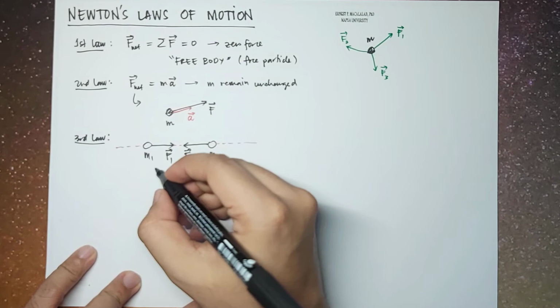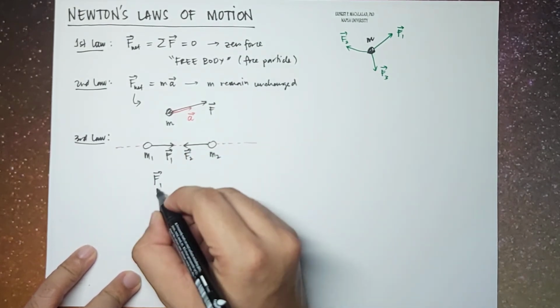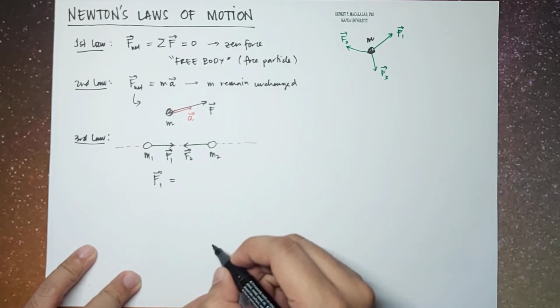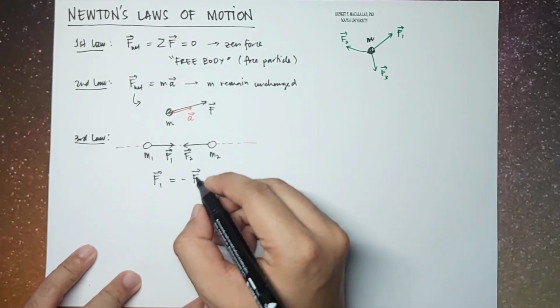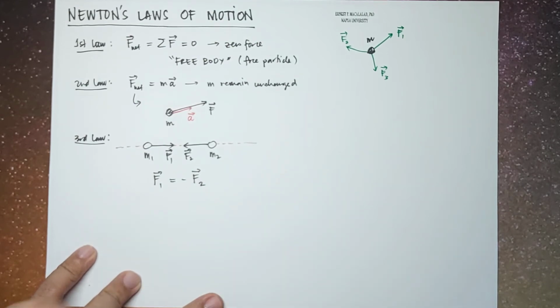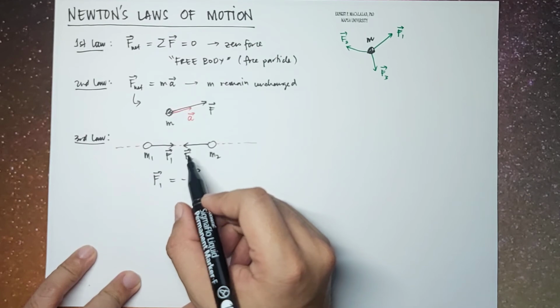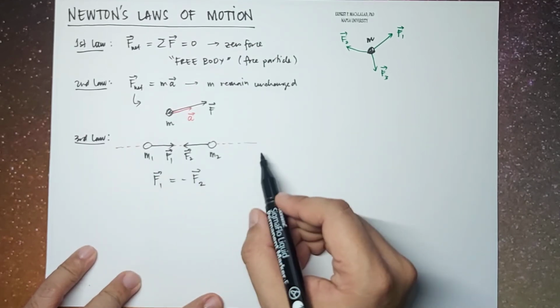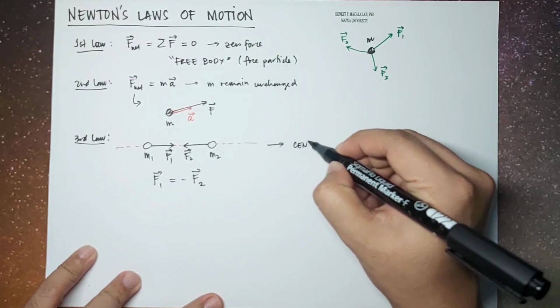The force exerted by M2 on M1 would be equal in magnitude but opposite in direction to the force exerted by 1 on 2. We call these forces central forces.